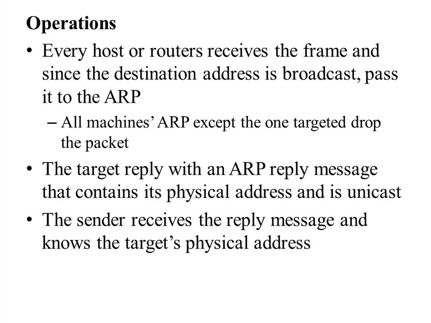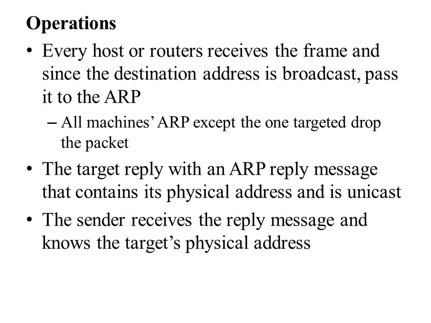Since the destination is a broadcast, as we have said that ARP request is a broadcast type of message, it is simply broadcast and received by all the receivers on the net.